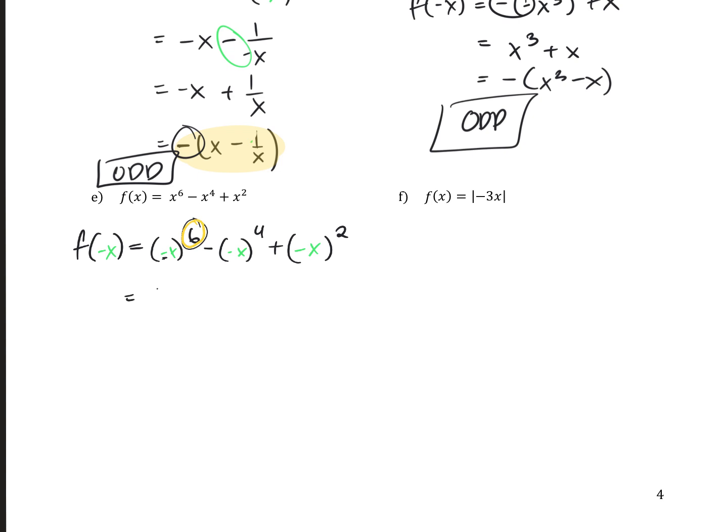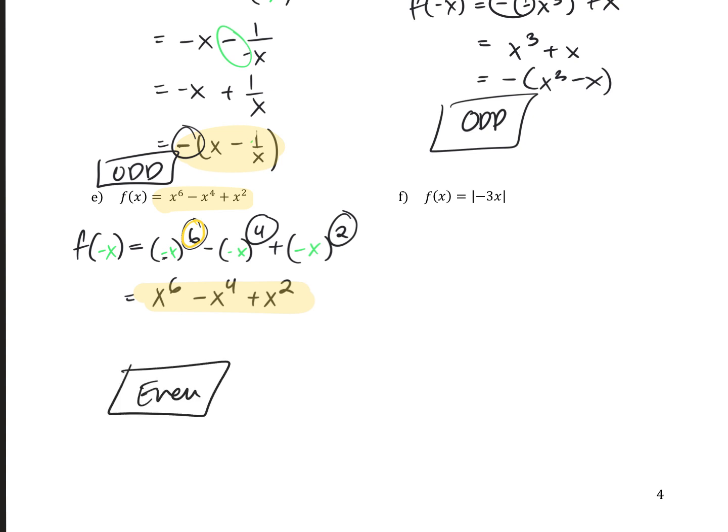So that's just going to simplify out to x to the 6th power. Same for the 4th and same for the 2nd. So it'll be minus x to the 4th plus x squared. Oh, and what do you know? What does that look like? That looks like the exact same original problem. So because it comes out being the exact same function, this is going to be an even function.